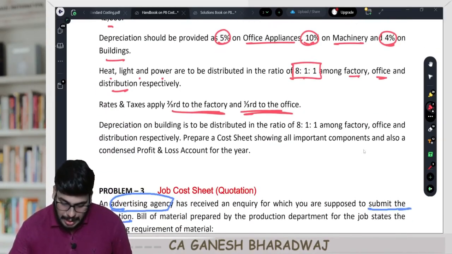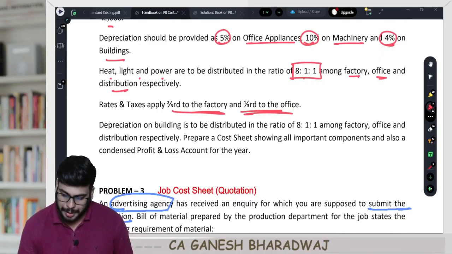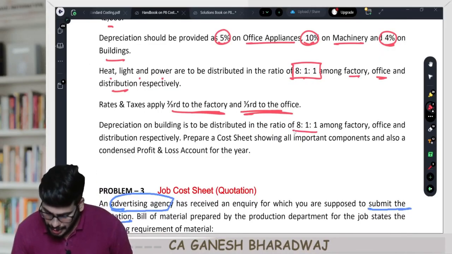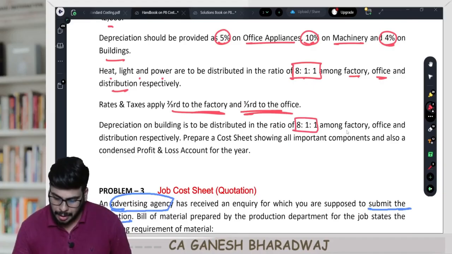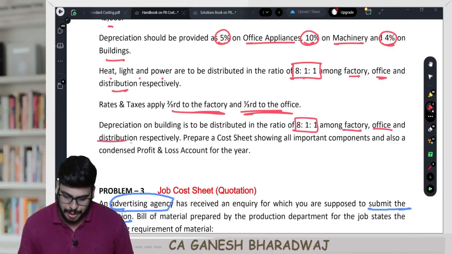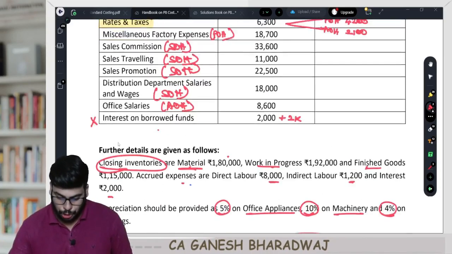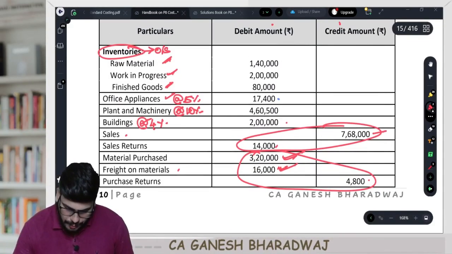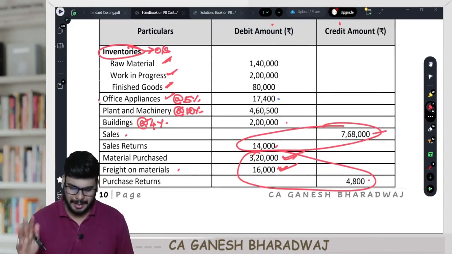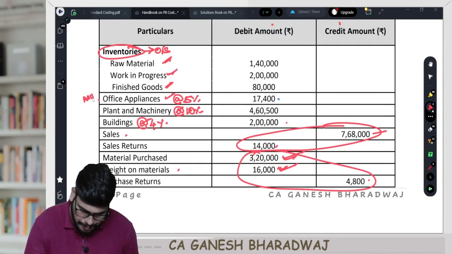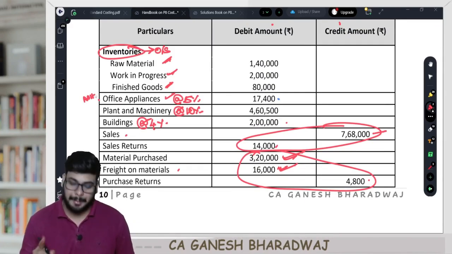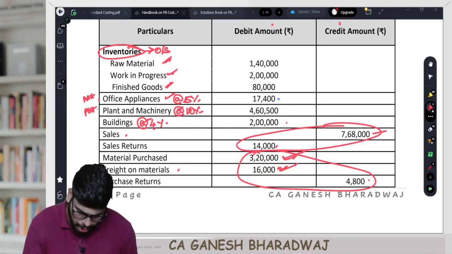Then depreciation on building is to be distributed in the ratio of 8:1:1 among factory, office, and distribution respectively. What they are saying, now look at this, office appliance depreciation on that is fully AOH, right? Plant and machinery depreciation, where will it be? It's fully production related.